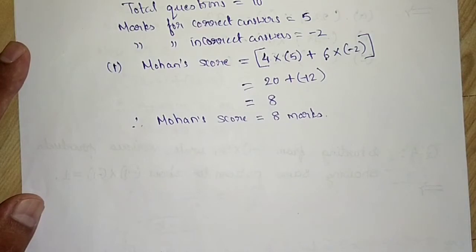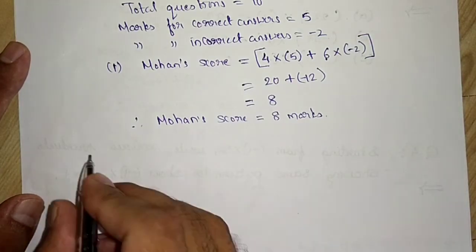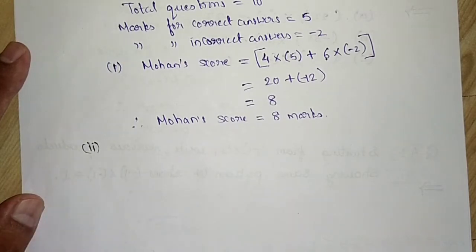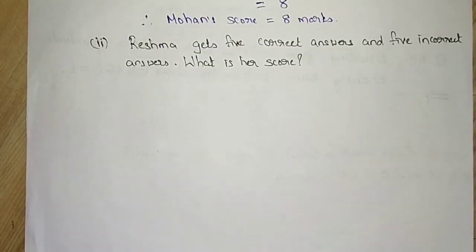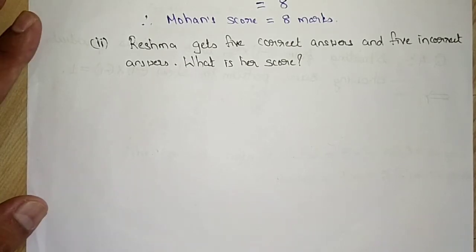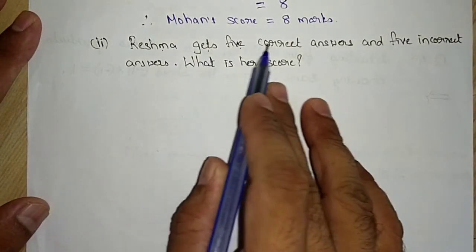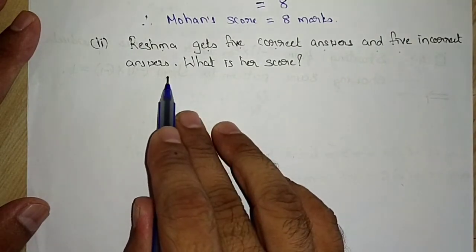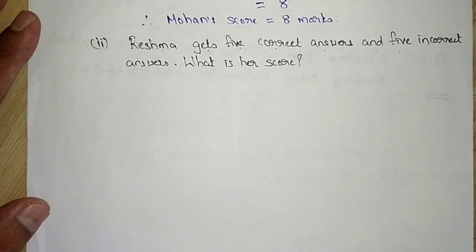Now let us solve the second part, but let me write it down first. The second part is, Resma gets 5 correct answers and 5 incorrect answers. What is her score?